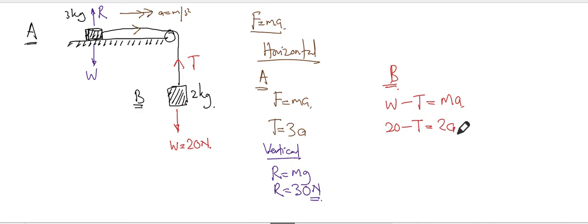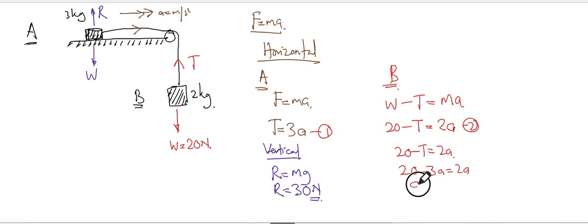So you have equation 1, then you have equation 2. Let's solve these two. 20 minus T equals 2a, and T equals 3a, so 20 minus 3a equals 2a.